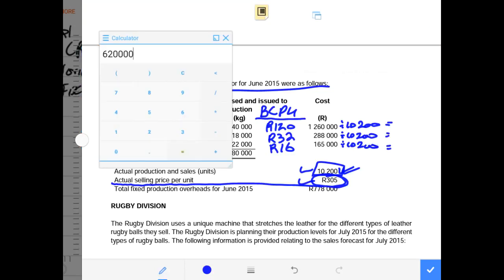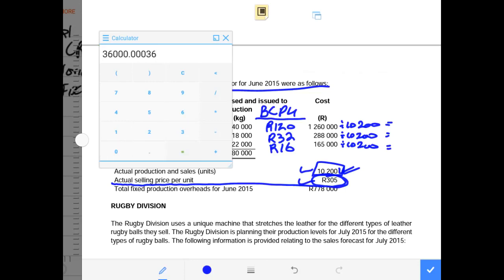If we do that, we have 1,260,000 divided by 10,200, and it gives me 123. I say minus 120, it gives me this figure, and I multiply this by 10,200 units because I'm using the cost per unit.